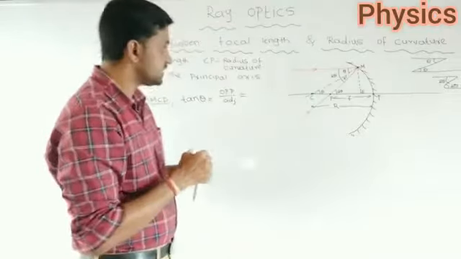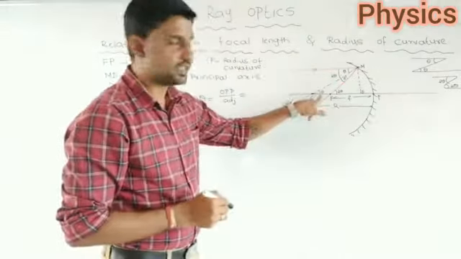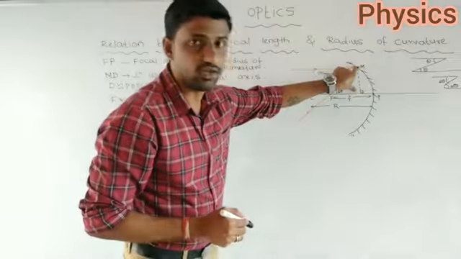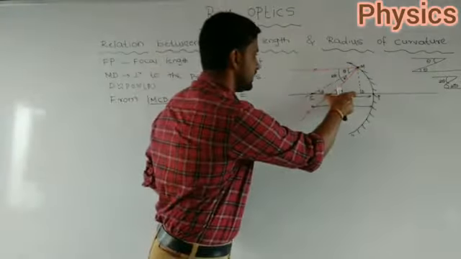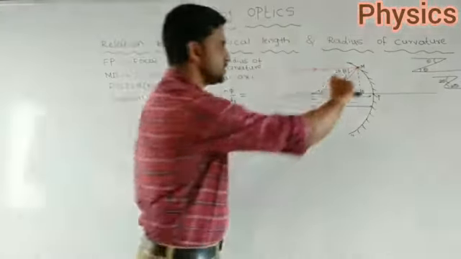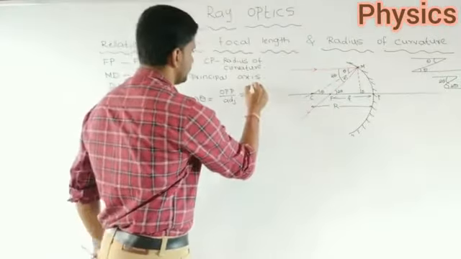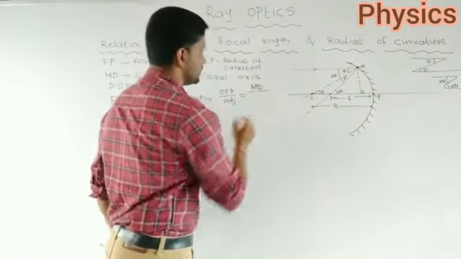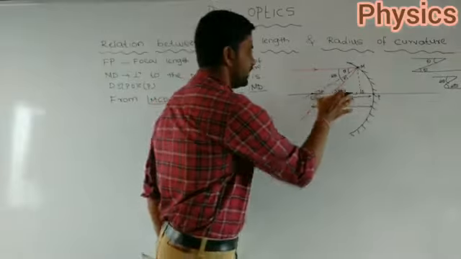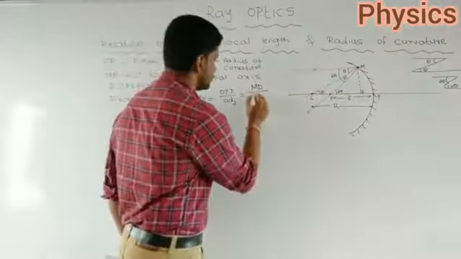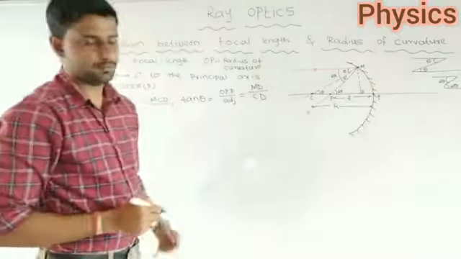Then opposite by adjacent means, if this one is theta, then this side is the opposite side and this side is the adjacent side. The opposite side is MD and the adjacent side I am taking as CD.